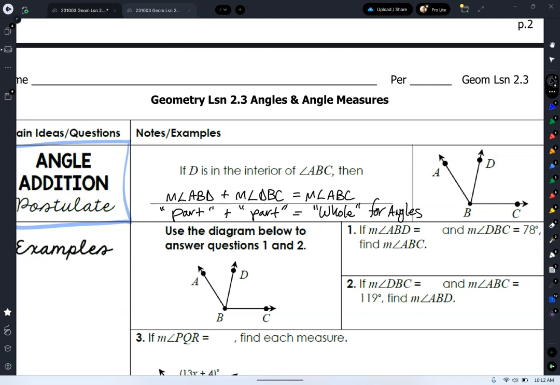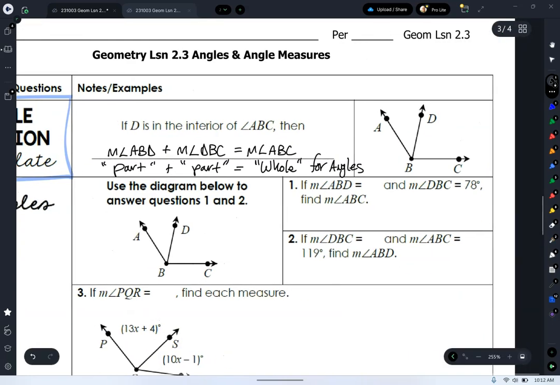So we have part plus part equals whole for segments, and now we have part plus part equals whole for angles. Two addition postulates, a segment addition postulate and an angle addition postulate. Two, part plus part equals whole. All right, let's see how this works then.